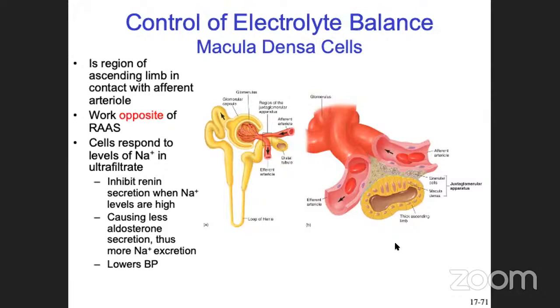Another slide just to recapitulate what we have discussed earlier. Macula densa cells are a region of the ascending limb in contact with the afferent arterioles. And of course, it works opposite to the RAS system, okay? For each system we have in the body, it's not only RAS, all right?